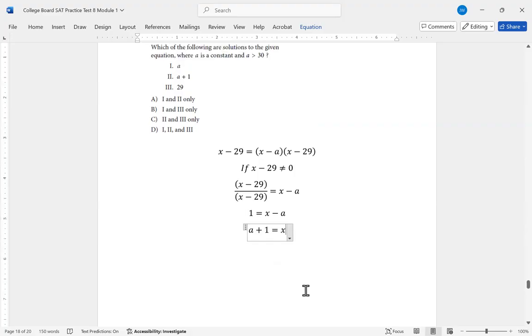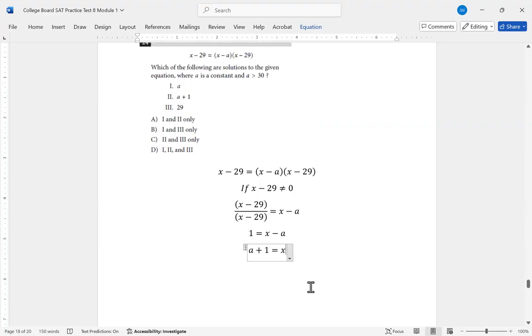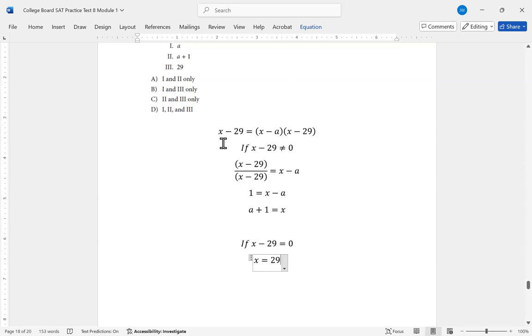On the other hand, what if x minus 29 is 0? Well, if x minus 29 is 0, then x has to be 29. And hopefully we can see that if we plug in 29, we get 29 minus 29, so 0 on the left-hand side.